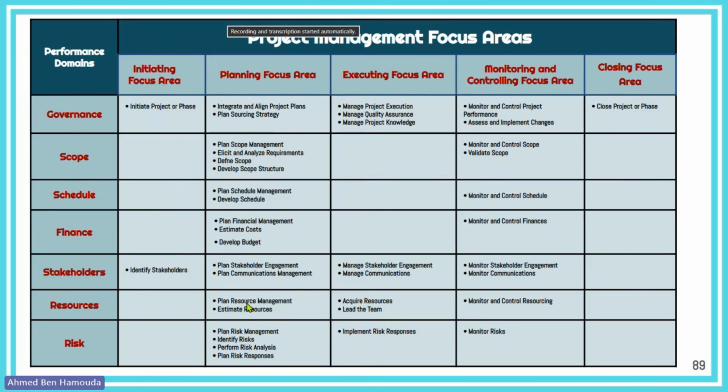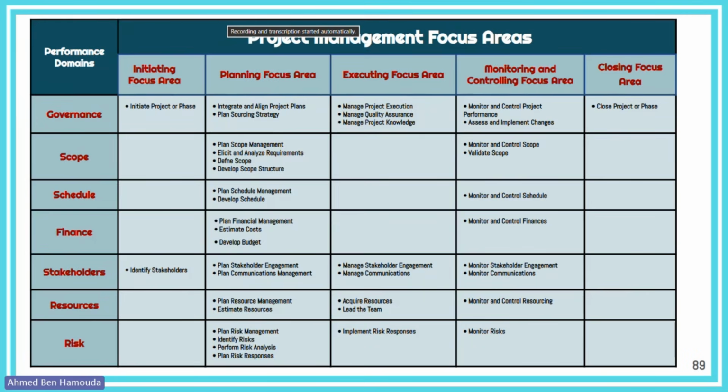Now they're back together in PMBOK 8. Even though communication is not only with the stakeholders, we apply communication also with the team, but it's a different level of communication and a different way of communication. That's why it's assigned to the stakeholders more than the team. We will explain that in the full training.